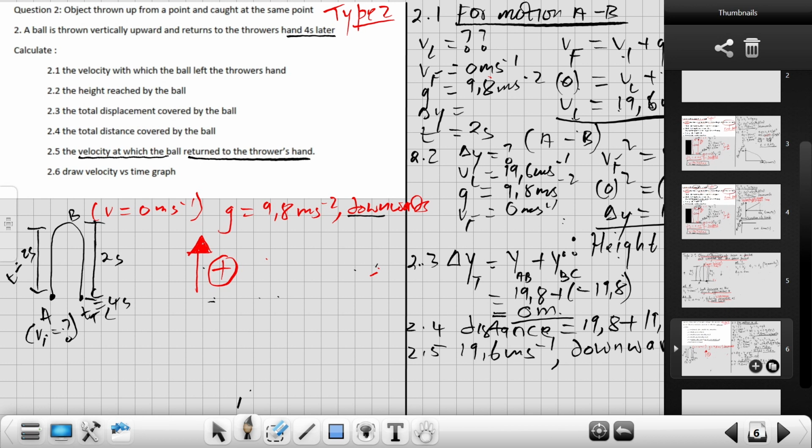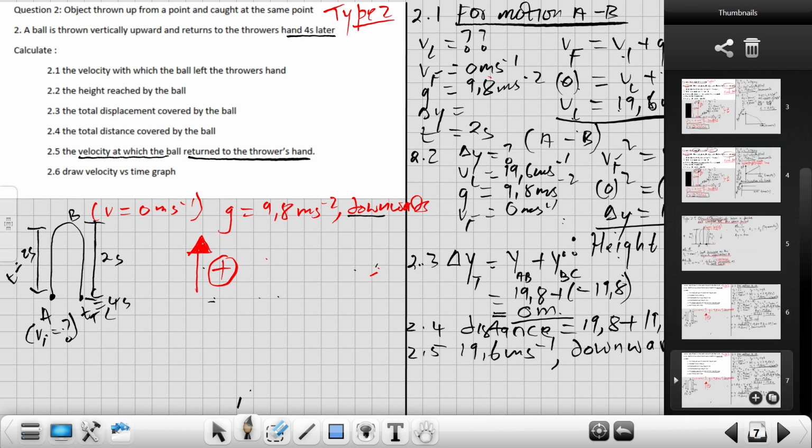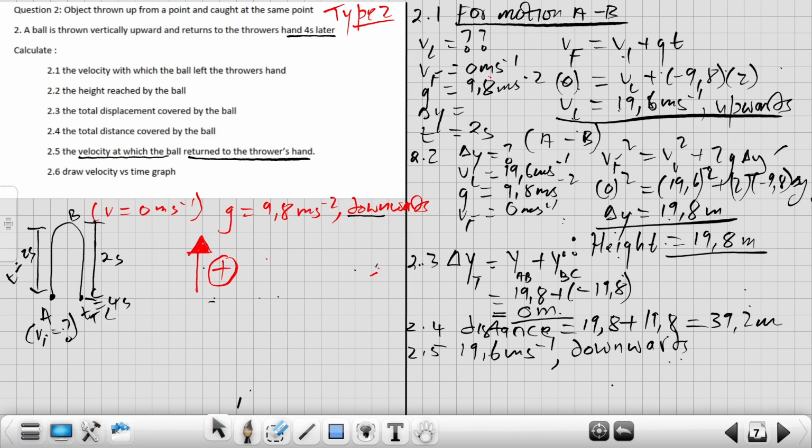And the final question is, draw the velocity versus time. Drawing velocity versus time will assist us in understanding exactly how we draw these graphs. So velocity versus time, the easiest way of doing it, let's have our axis. Let's delete this.